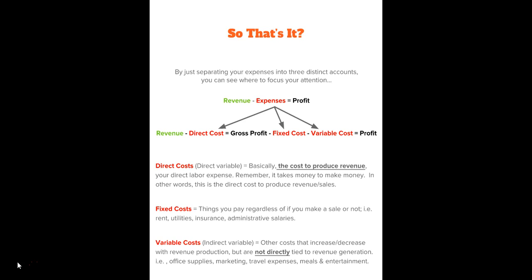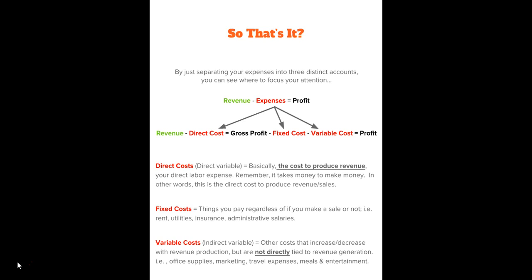Direct costs, also known as your direct variable costs. This is basically the cost to produce revenue, your direct labor expense. Remember, it takes money to make money. In other words, this is the direct cost to produce revenue or sales. Fixed costs, things you pay regardless of if you make a sale or not.